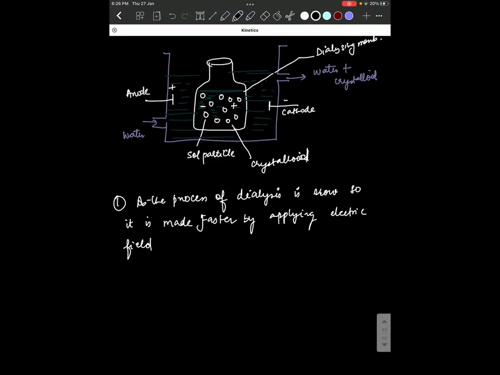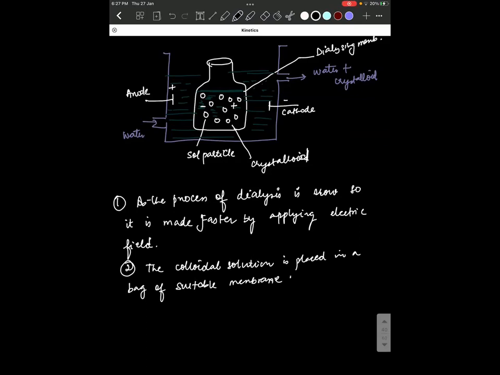The colloidal solution is placed in a bag of suitable membrane with pure water outside.